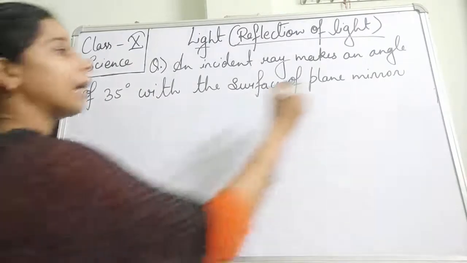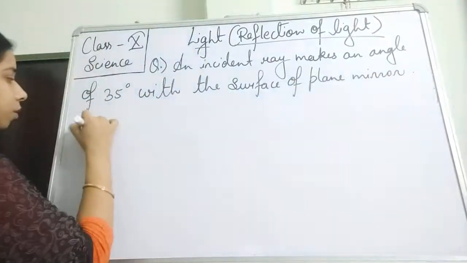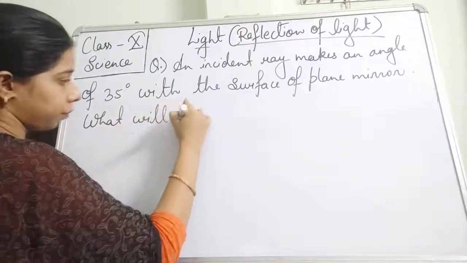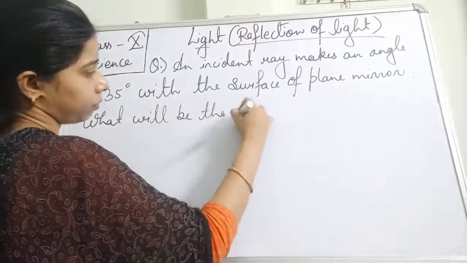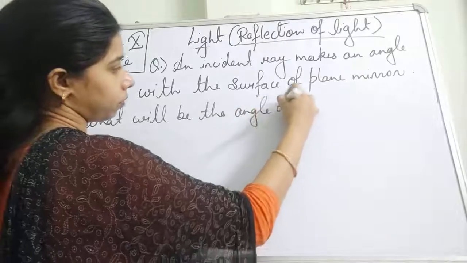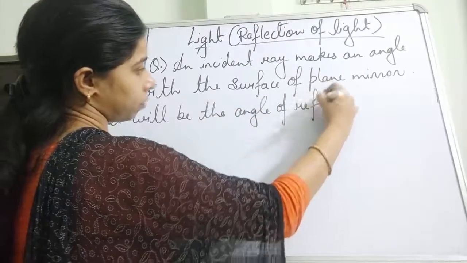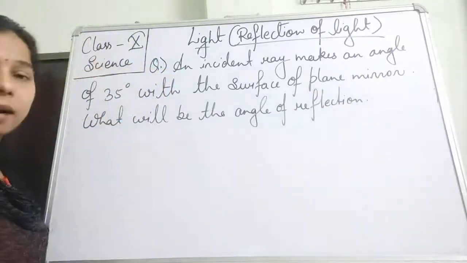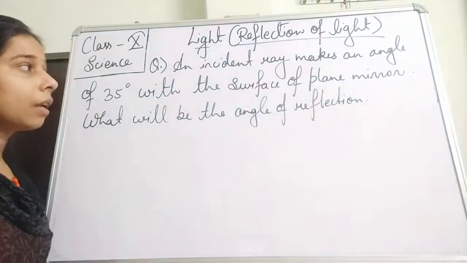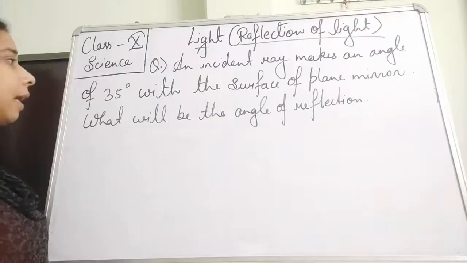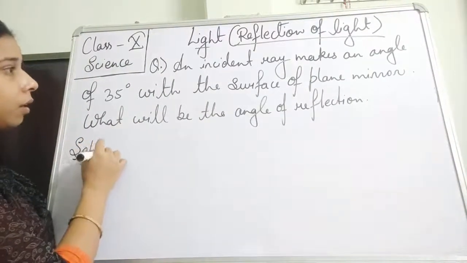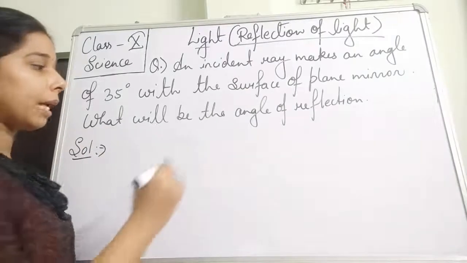What will be the angle of reflection? An incident ray makes an angle of 35 degrees with the surface of the plane mirror, then what will be the angle of reflection?